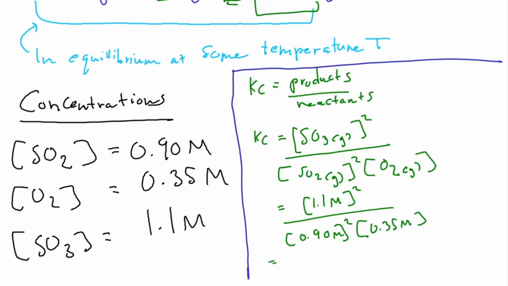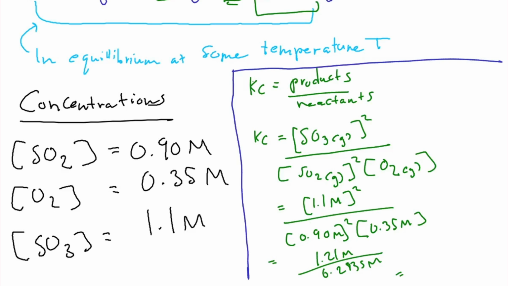And I'm just going to calculate this. Okay, so 1.1 squared, what is that? That is 1.21, so it'd be 1.21 over 0.90 squared, then multiplied by 0.35, and we would get 0.2835. Now we do division here, and we can see that it is 1.21 divided by 0.2835.